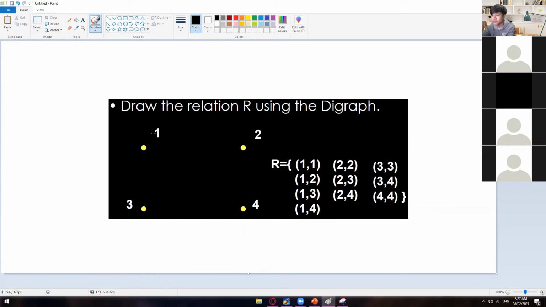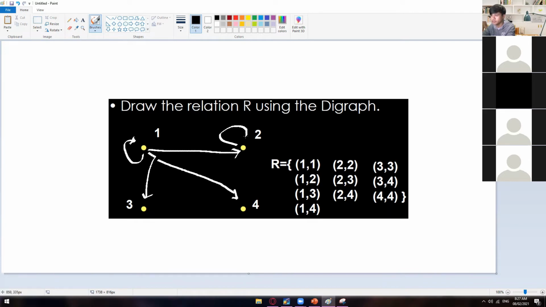So as you can see, we have 1, 2, 3, 4 elements. So we have 1, 1. So 1 will just go back to itself. And then we have 1, 2, so 1 going to 2, and then 1 going to 3, and then 1 going to 4, and then 2, 2.